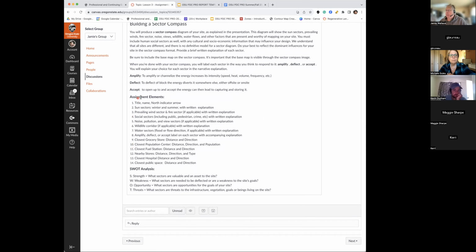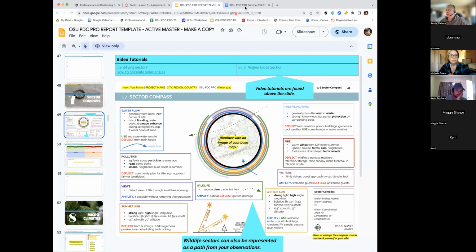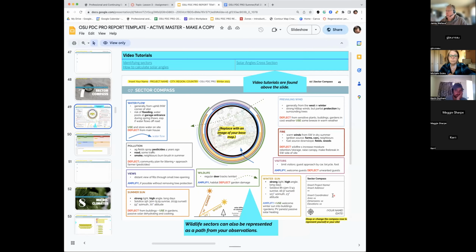Some of the things that we want to have you include in your assignment or on that drawing, of course, is the title, the name, north arrow. With every design sheet, as I will call it, we definitely want to have a little title block, and that's what we see in this bottom corner here.